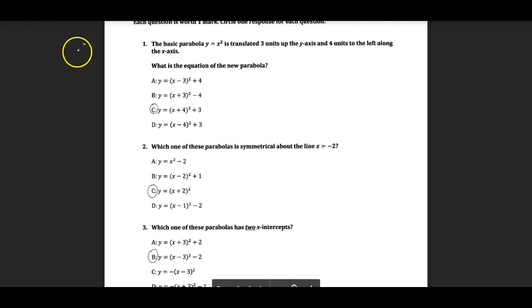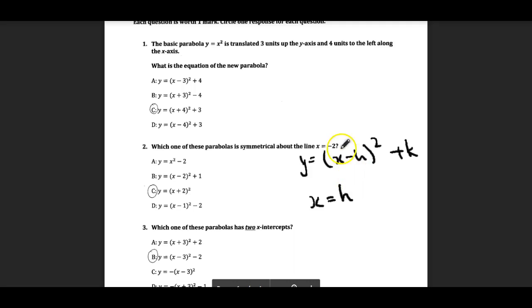All right, question 2. Which of these parabolas is symmetrical about the line x equals negative 2? So you could either graph this or know that when it's in turning point form, your axis of symmetry is x equals h.